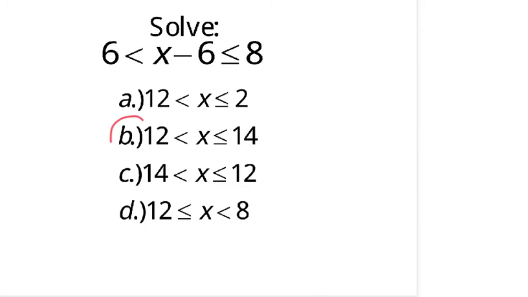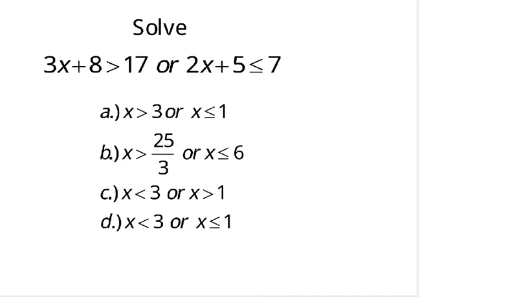Which one of these answer choices represents the solution to what we have here? Well, if we were to solve each of these individually, 3x plus 8 is greater than 17, we'd have to subtract 8 from both sides of our inequality, and we end up with 3x is greater than 9. Divide both sides by 3, and x is greater than 3.